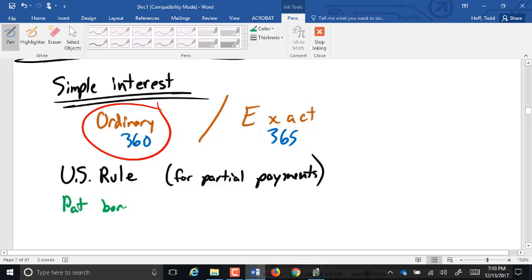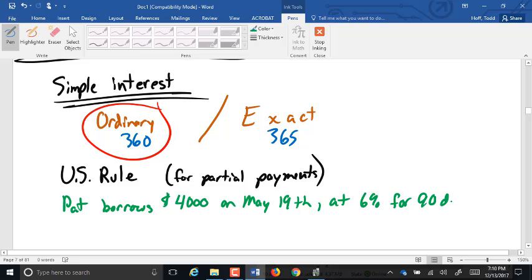Pat borrows $4,000 on May 19th at 6% for 90 days.